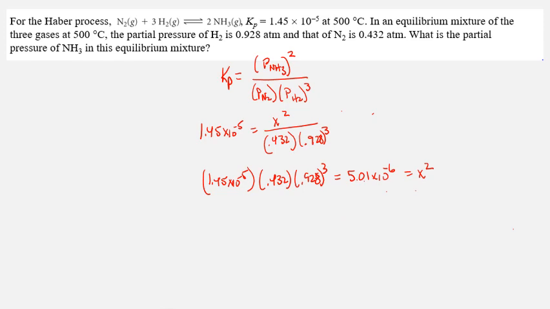And so I can take the square root of the entire thing, and my value for x would equal 2.24 times 10 to the negative third atmospheres for the NH3.